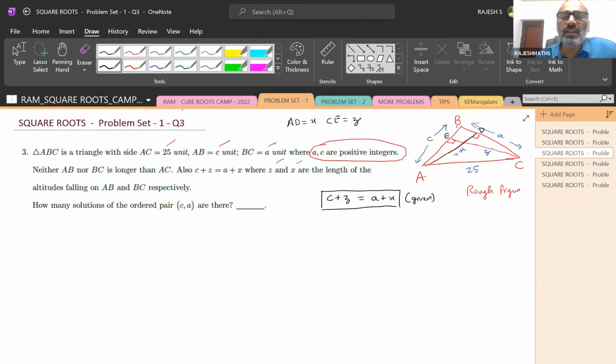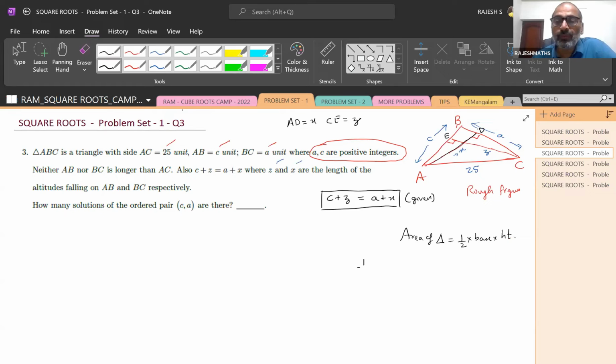Now a very important thing: you know that area of a triangle is equal to half into base into height. The height on AC is not given. Height on AB and BC are given. Therefore, we can apply the area of a triangle in two different ways.